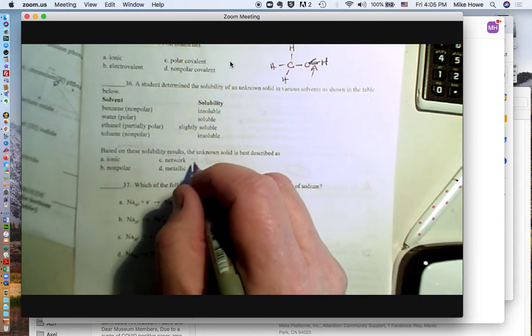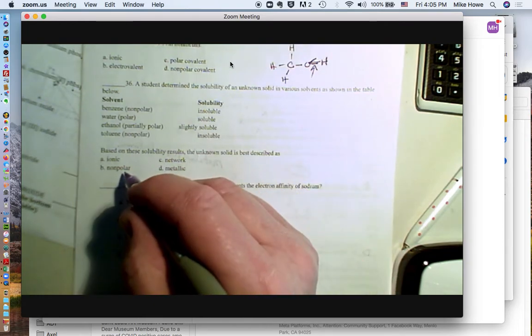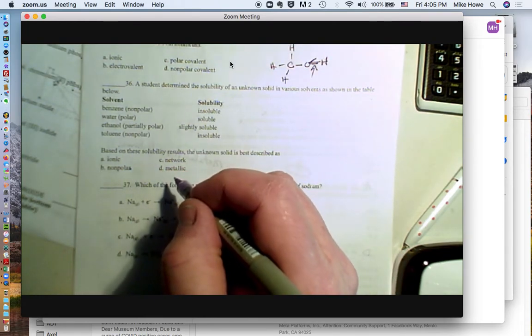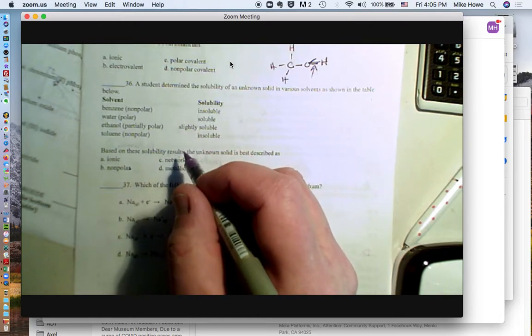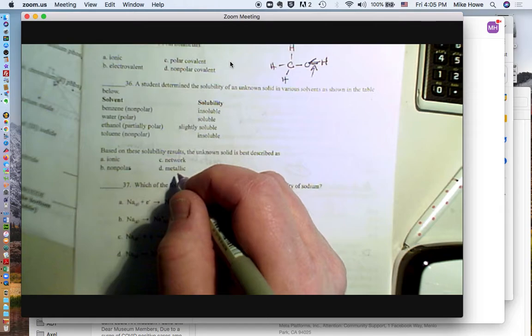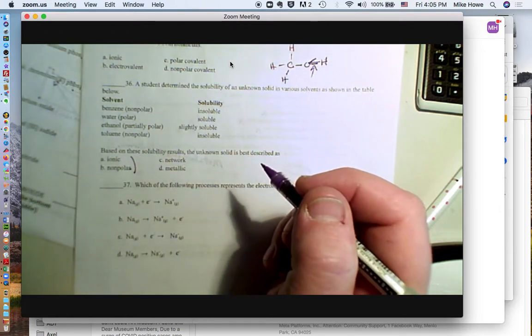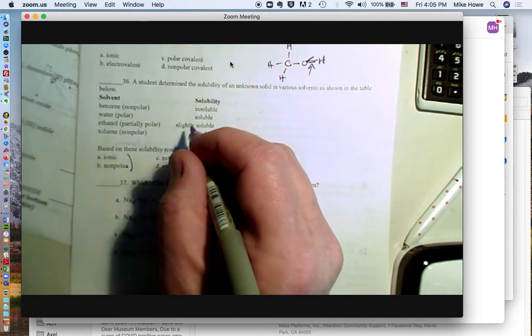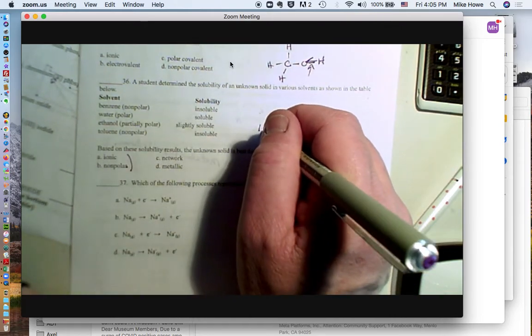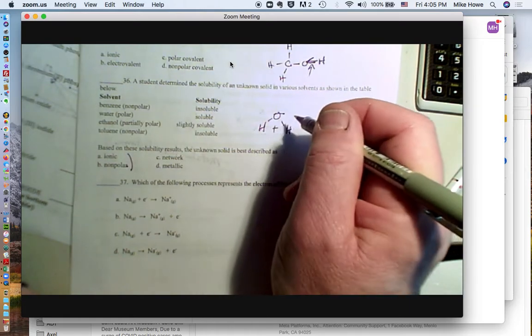So which one of these would be more likely to dissolve? An ionic thing like salt, a nonpolar thing like oil, a network thing like diamond, they don't dissolve in anything, and metals don't dissolve either. So you're really between ionic and nonpolar, and since it dissolved into water, and the water is polar, remember it's negative here and positive here.